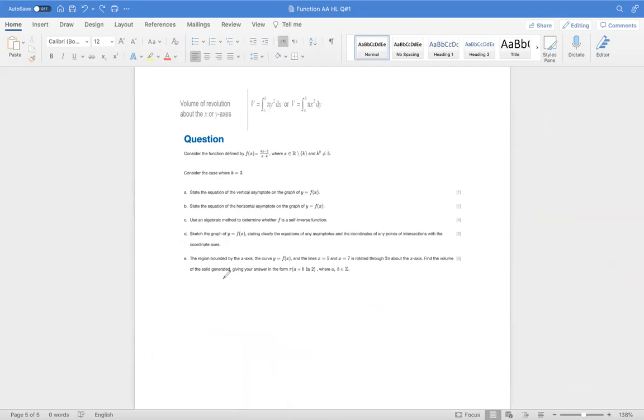Now let's look at part E. Now, the region bounded by the x-axis, y equal to f of x, and the lines x equal to 5 and x equal to 7, rotated through 2 pi about x-axis. Here I have a formula from the formula booklet. When we rotate about the x-axis, I'm going to use the first formula.